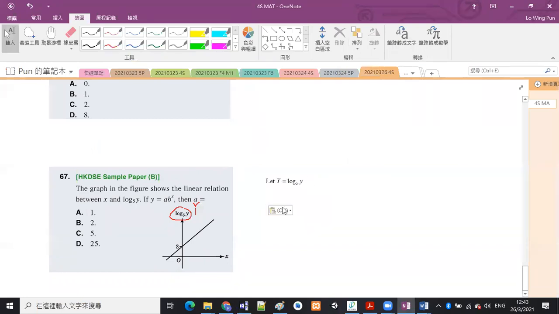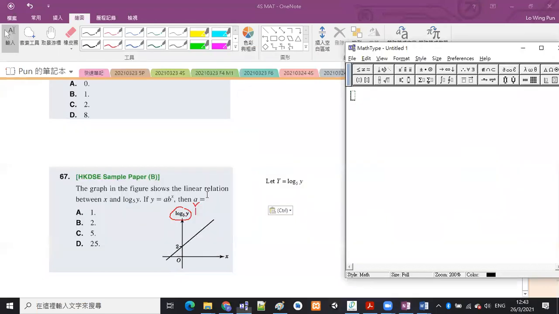Okay, and then we will start with the given equation. So y is equal to a times b to the power x, and we need to take log on both sides. And this time, I need to choose the base of the log to be 5, right? Log y base 5 is equal to log ab to the power x base 5. And then log y base 5 is ready.